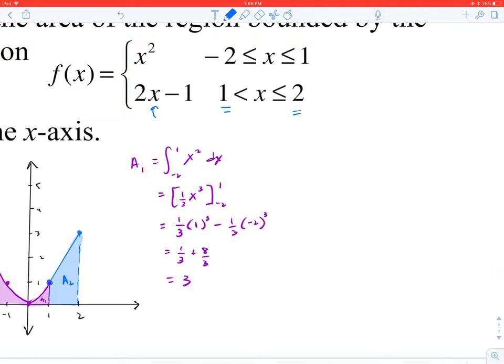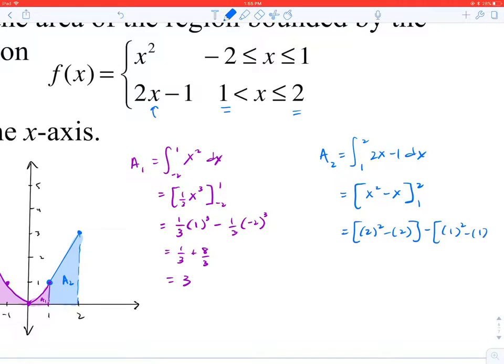And the second area, I will integrate from 1 to 2 of 2x minus 1. So that's x squared minus x. So that just ends up giving me 2. So the total area is equal to 3 plus 2, which is 5.